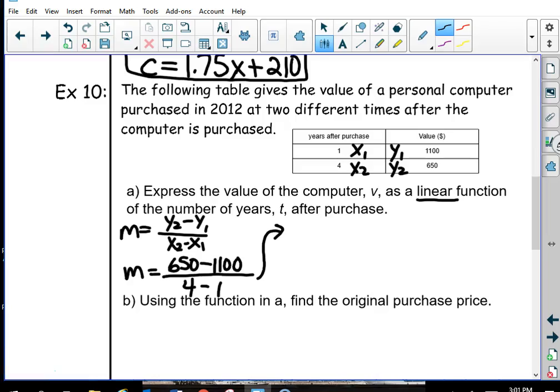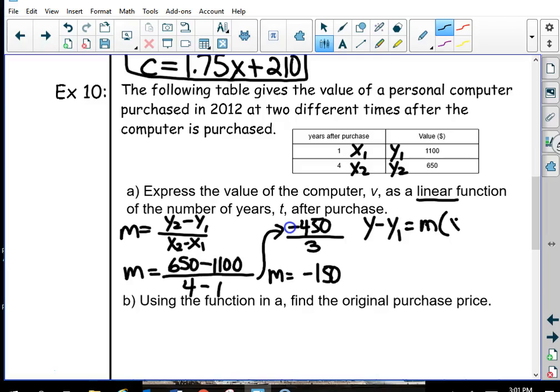Doing the math, 650 minus 1100 is going to give me negative 450. And that's going to be over 3. So my slope is going to be negative 150. All right, now we just need an equation of a line. y minus y1 equals m.